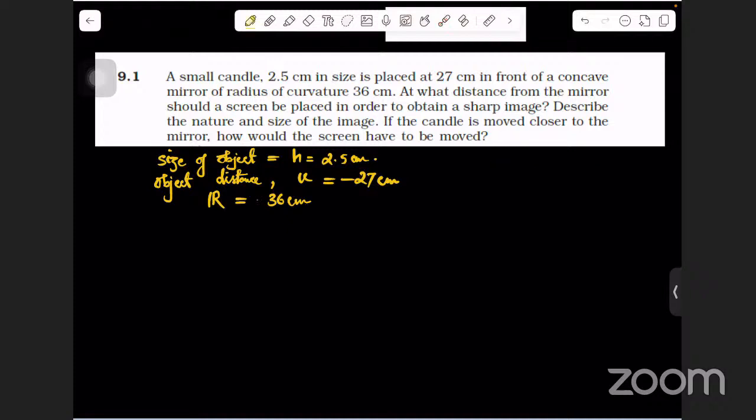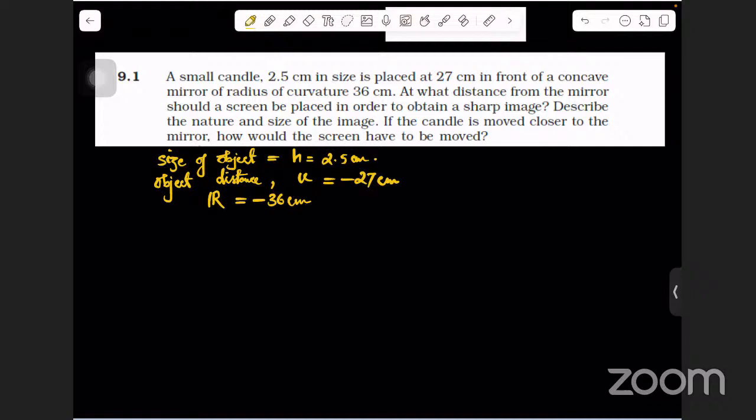So it will be minus 36 centimeters. Always in ray optics, pay utmost attention to the sign convention. Otherwise, the values in the equation would come out wrong, and you'll have a really hard time figuring out what's going on.